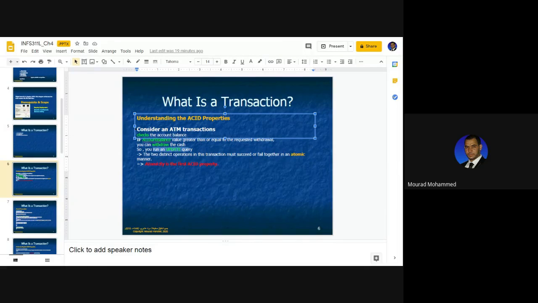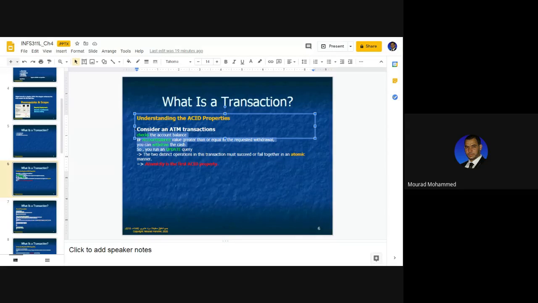If you withdraw X riyals, whatever the number is, it has to be deducted from the available balance. If nothing happened, the account must not be updated.